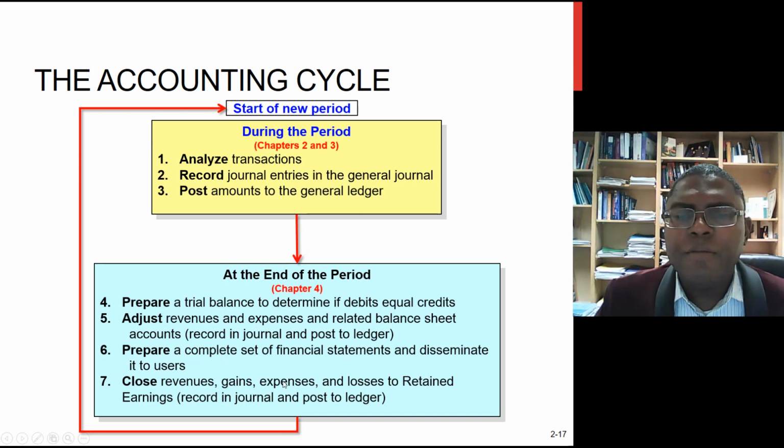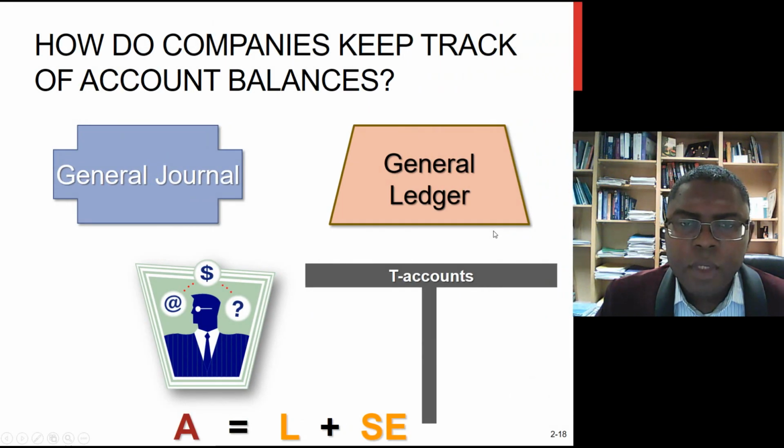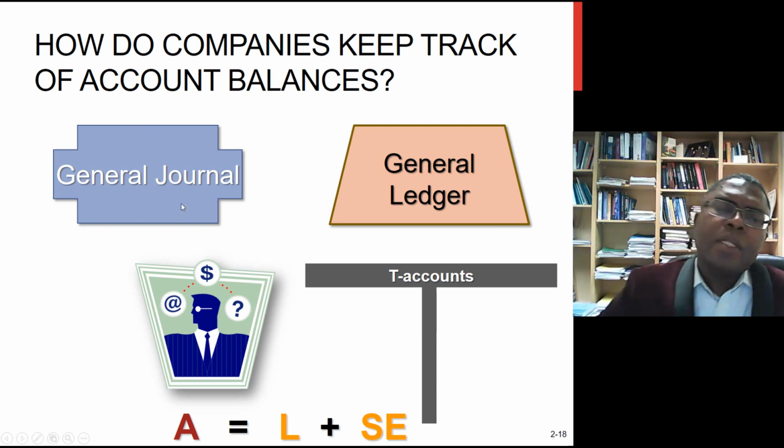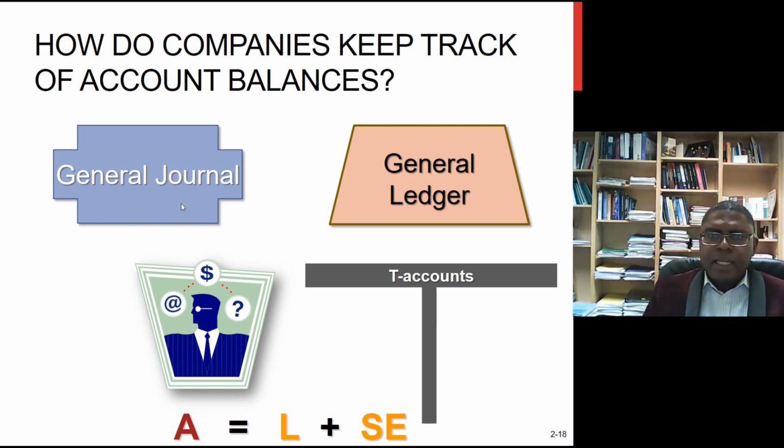So at the end will be the final product of the financial statements. So again, when a transaction occurs in the business, it is recorded chronologically, based on how it occurs, and then posted in the general ledger.